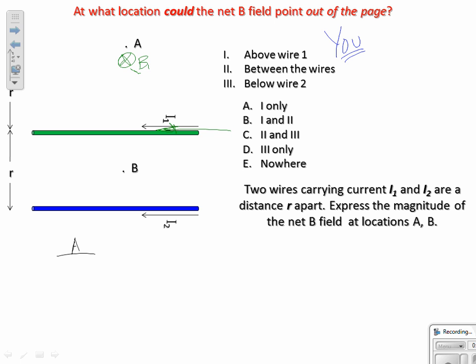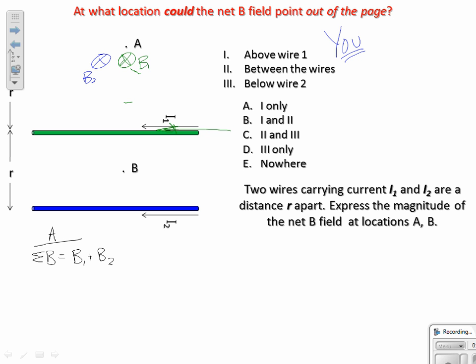Field from wire 2, same thing. Here's B2. So at location A, the net field is B1 plus B2. They both point in. I'll call in positive.